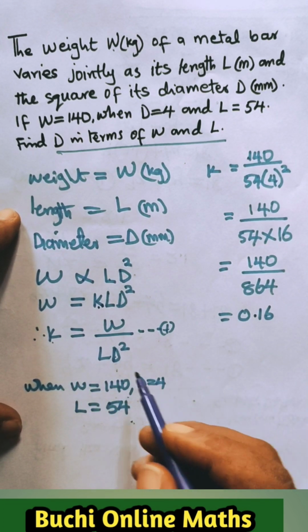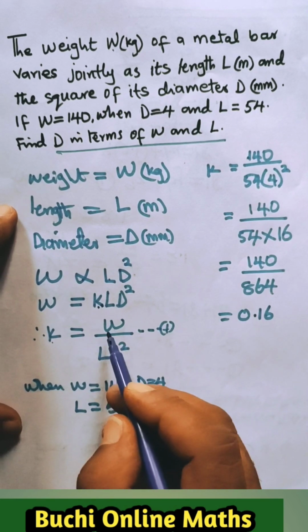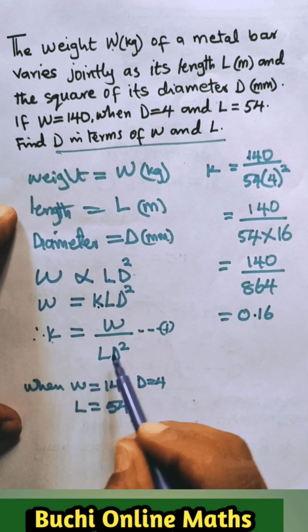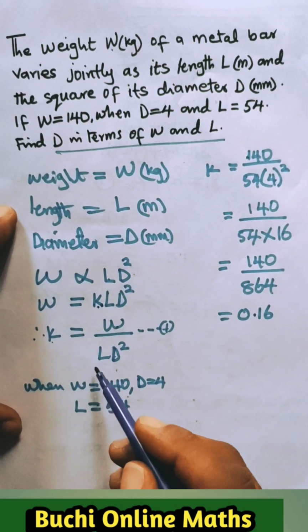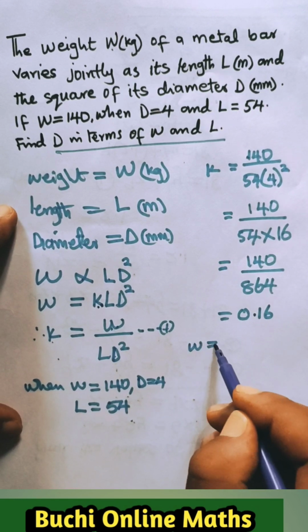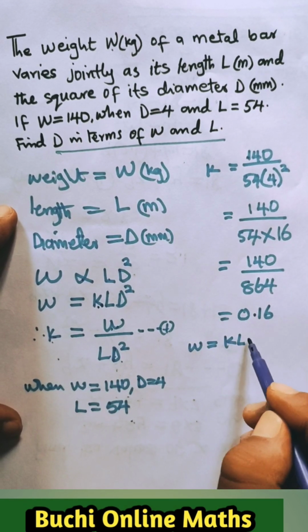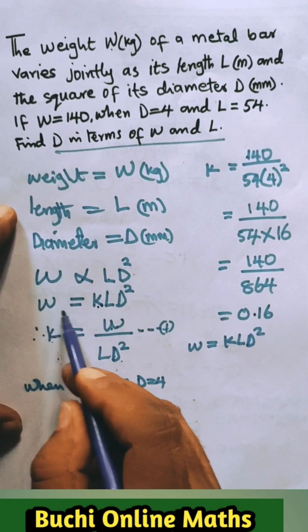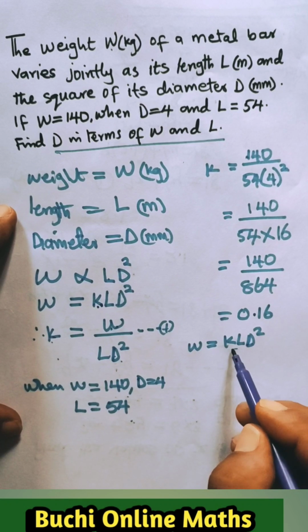So from here, W equals k L D squared, by cross multiplication, W will multiply 1 to give you W equals, the whole of this, k L D squared, just as we have it here. Now making D squared subject of the formula means we are dividing both sides by k L.